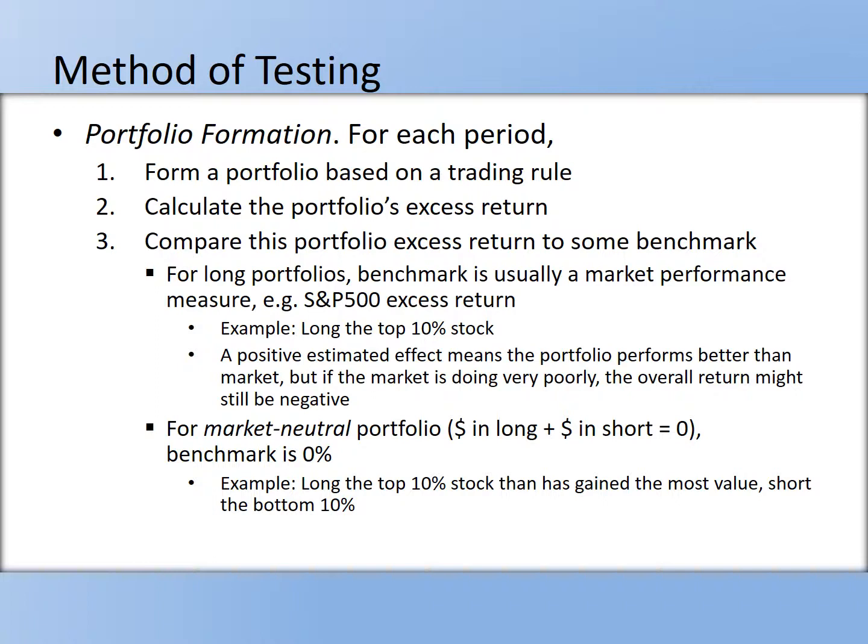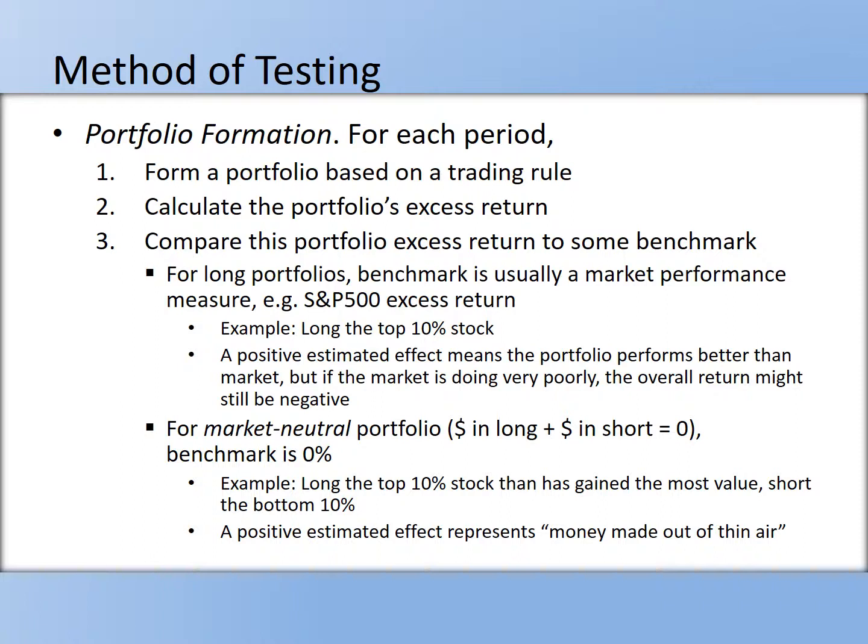This is market neutral because by buying stocks within the same sector, you're insulating yourself from the systematic risk within that sector, right? So you have cancelled out the risk in that sector by buying and selling stocks within that sector at the same time. And all your profit would be coming from picking the better performing ones. So a positive estimated effect represents money made out of thin air.